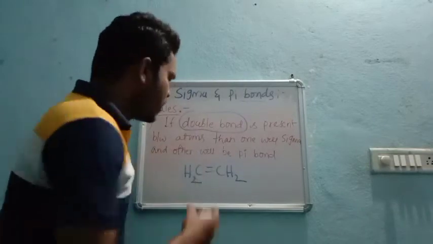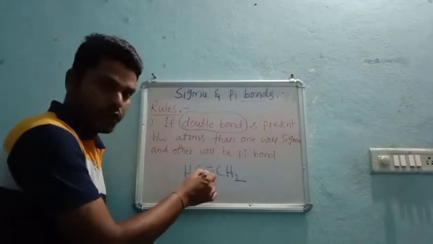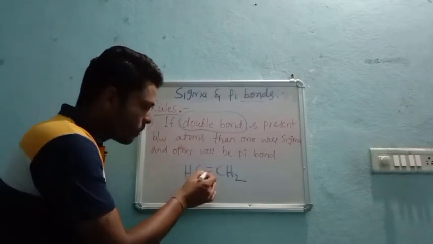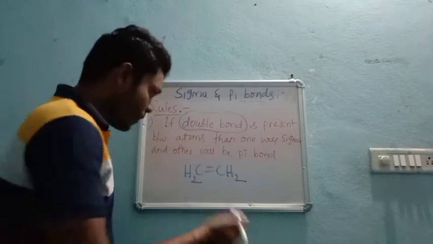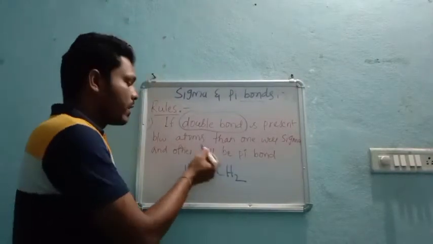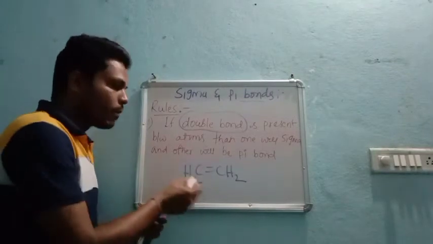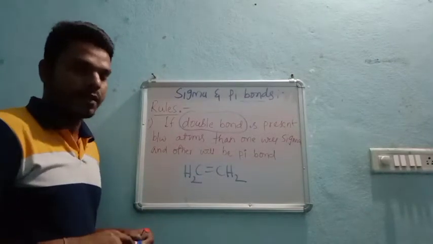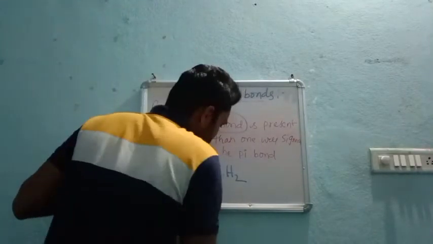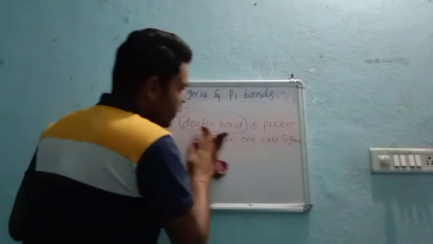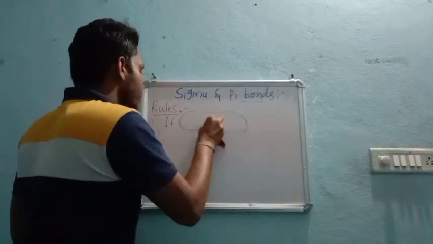You can take any one of these two bonds. If one is pi, then automatically the other will become sigma; if one is sigma, then automatically the other will become pi, right? So if a double bond is present, definitely one will be a pi bond and the other will be a sigma bond.